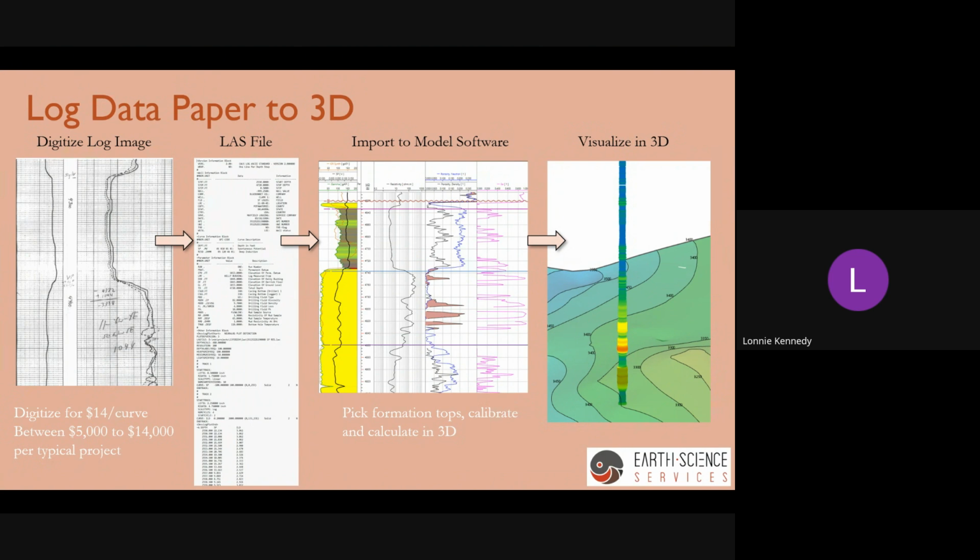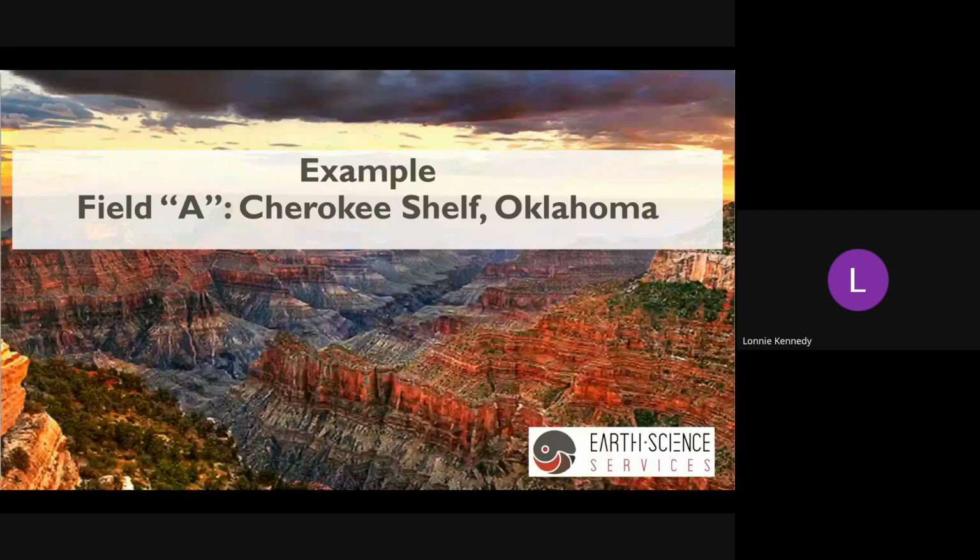You can see in 3 dimensions the gamma ray for that particular well. The cost of doing that is pretty low these days. The cheapest I've found is like $15 a curve to take raster information and convert it to digital.